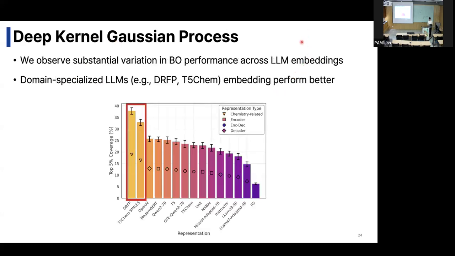This issue is further supported by experimental results. We observe significant performance differences in Bayesian optimization, depending on which LLM is used for embedding. In this figure, domain specialized models like DRFP or T5-CAM consistently show superior performance than other general purpose models.